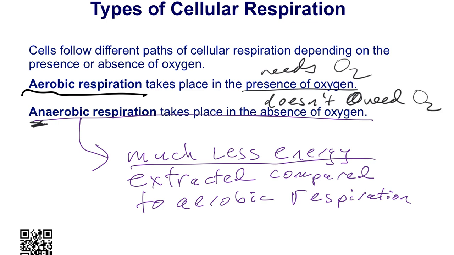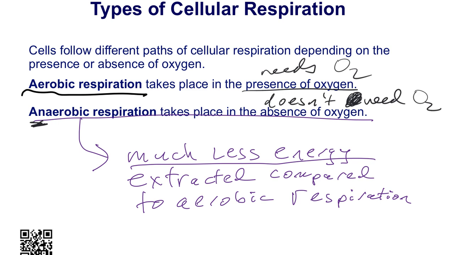Okay, anaerobic respiration, that's what yeast does when it ferments, when it gets its ATP. It doesn't use oxygen, and it's very inefficient. You don't make very much energy. You don't get very much energy from the glucose when you do it that way.